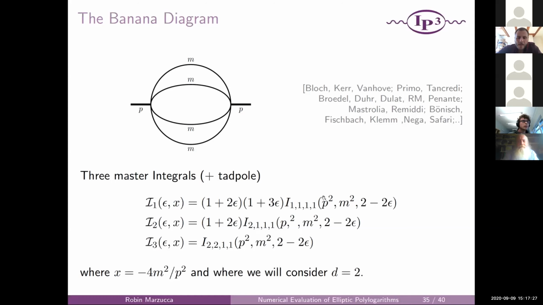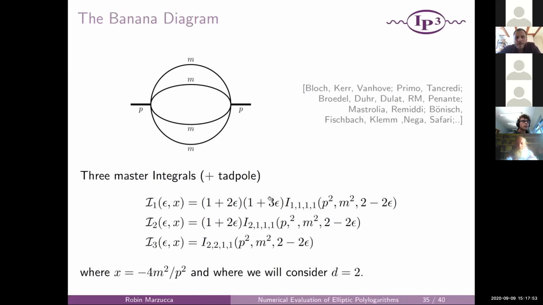And these are the 4 master integrals we chose in our paper when we computed these integrals. We defined x to be the ratio minus 4m squared over p squared. And since all 3 of these integrals are finite in 2 dimensions, we are going to consider these integrals in epsilon, for epsilon equal to 0.